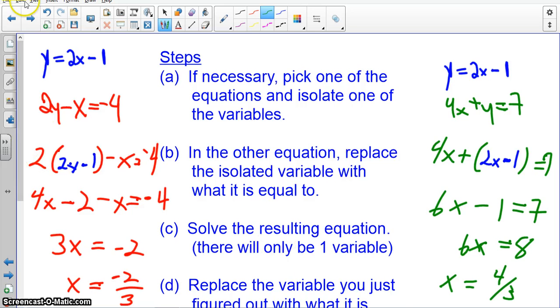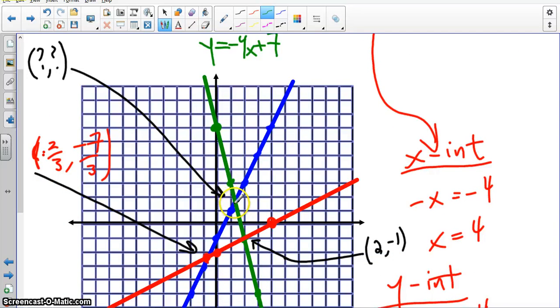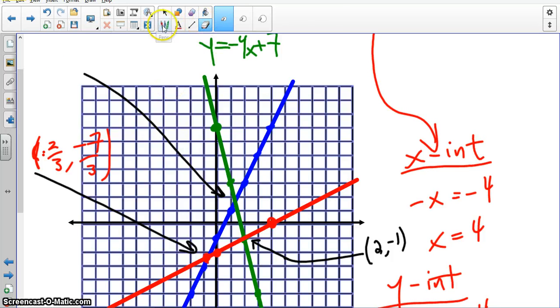Okay, so x is 4/3. If we go back up here, that's 1 and change, and I believe that that is 1 and change. That seems about right. It's a little bit over 1. So our point between blue and green is at 4/3, comma, well, we don't know yet. We've got to figure it out. Let me fix this because that looks horrible.